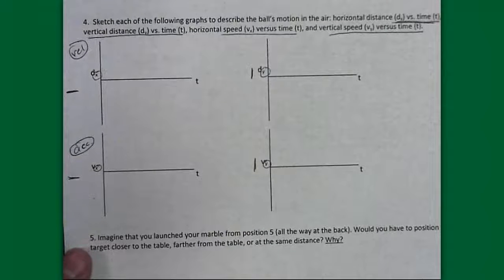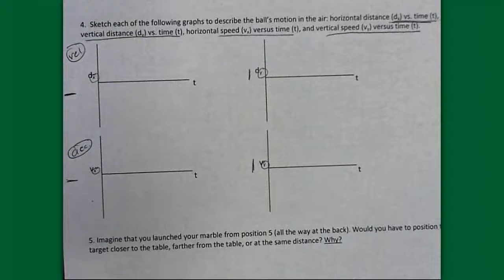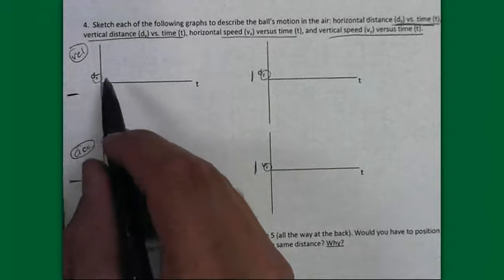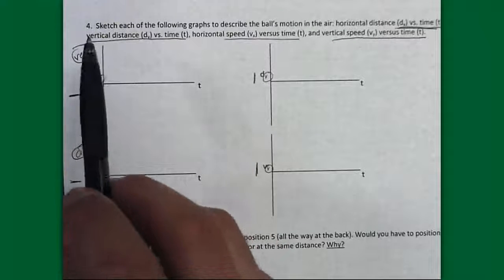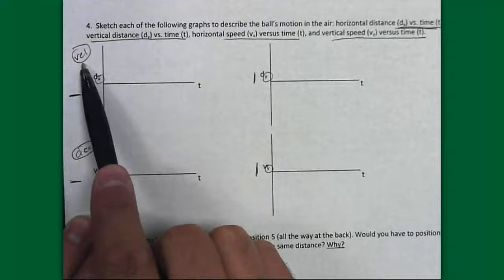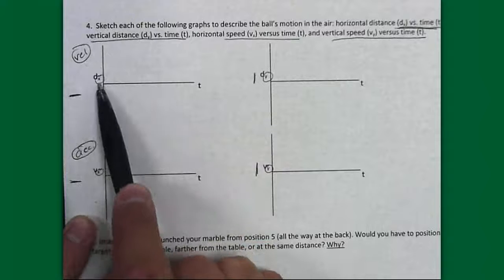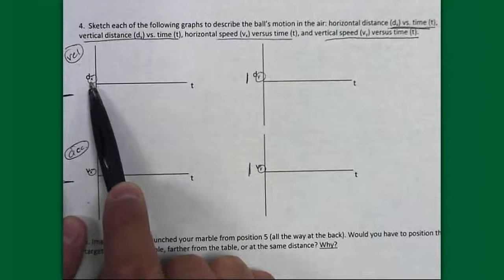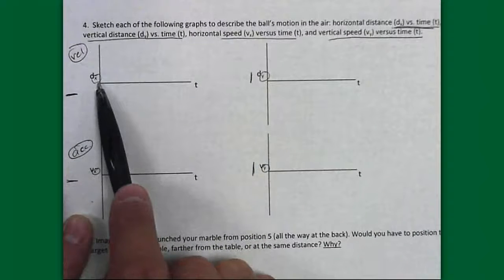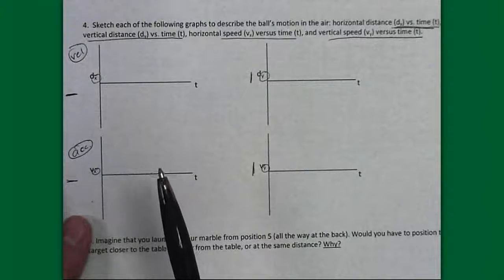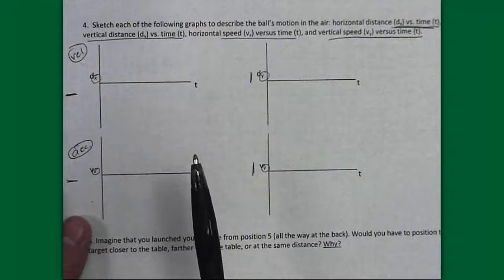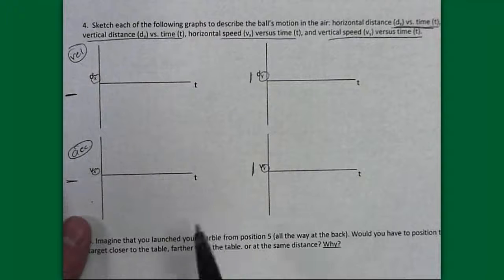If you don't remember how we came up with that, you might want to go back and view the videos again on motion graphs. So if slope represents velocity, I want to know what the slope is going to look like, and so I need to figure out what the velocity is doing in the x direction. What is the x velocity like? Well, we just talked about a projectile, and in the x direction I asked the question, is there any acceleration?